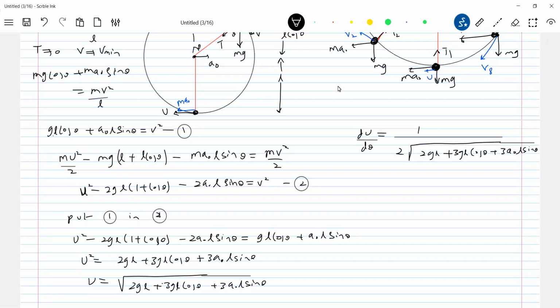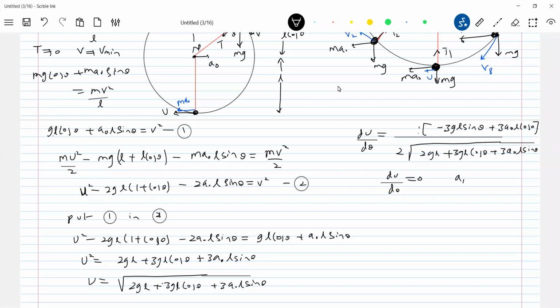So du by d theta will be 1 by 2 root of that quantity, times the differentiation of this. If you differentiate, 2GL is a constant, so minus 3GL sin theta plus 3A naught L cos theta. Let it be equal to 0.